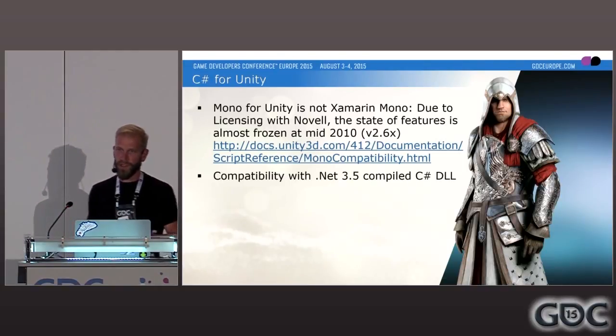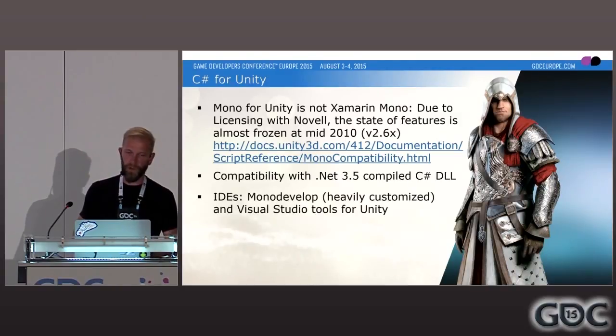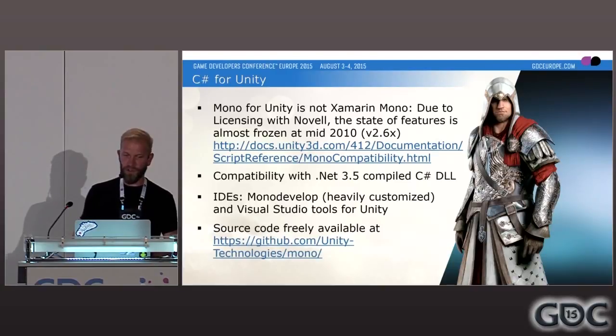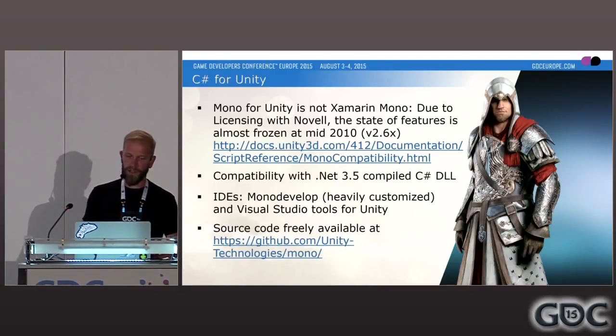This is what we did for the level environment and for the game project as an example. Also, you have the choice of several IDEs. So you can use MonoDevelop, which is shipped with Unity, or you use Visual Studio Tools for Unity. So you can still use Visual Studio and Unity in parallel, even debug at runtime from Visual Studio.